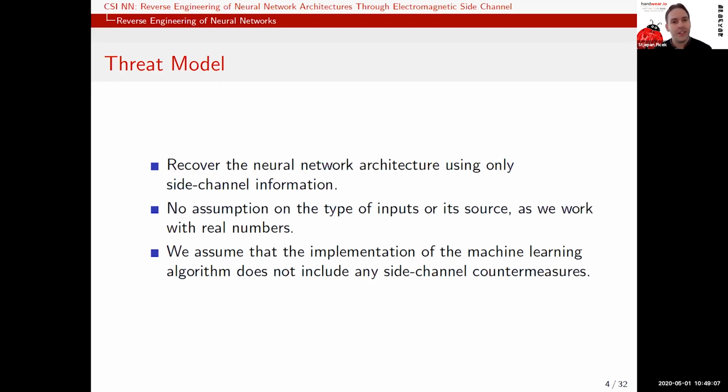The attack is relatively new, the domain is new, and there is a cost if you want to protect. You will pay implementation cost. Either you will spend more power for your algorithm or you will need more area to add countermeasures, and so on.